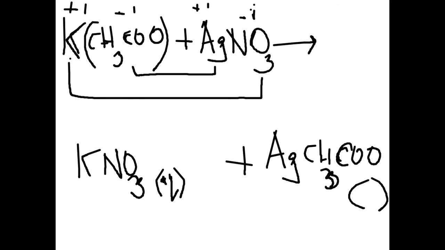Yes, you can get two aqueous, but you don't get two S's. You can get two AQs, yes? Certainly you can have two AQs, they're just so soluble. But you're unlikely to have two precipitates, you're likely to have one precipitate. A precipitate is the same thing as a solid.